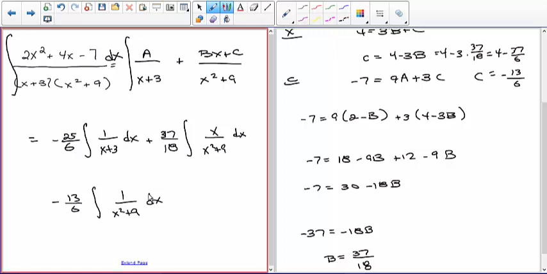And you take C and put that outside the integral of 1 over x squared plus 9. And remember, this one is the natural log of the absolute value of x plus 3. This one would involve the natural log of x squared plus 9 because you'd use u substitution just like we did. And this one would involve the arctangent of x over 3. So they all have the same kind of result.